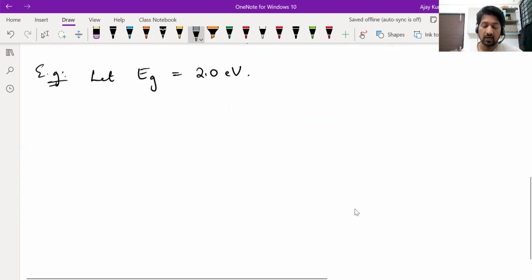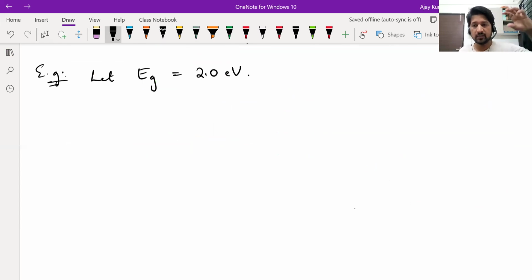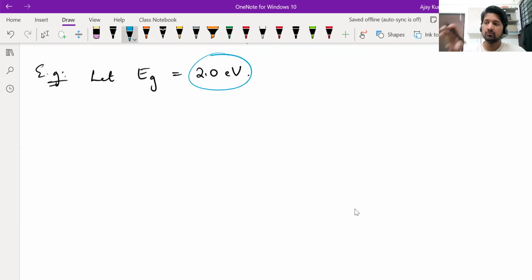How can we supply energy to electrons? There are many ways by which you can supply energy to electrons. One way is by making radiation incident on it. So corresponding to 2 electron volt, you make radiation incident on it. Making radiation incident means supplying energy to electrons by means of photons.